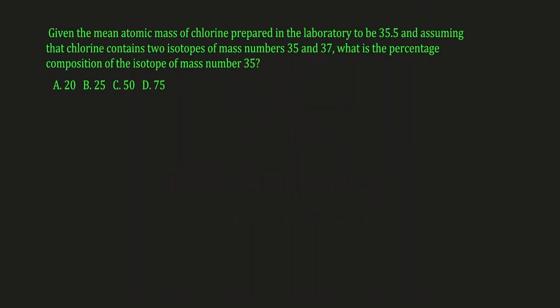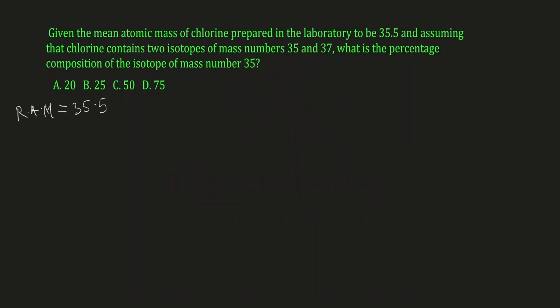Now let's look at this last question to consolidate our knowledge on isotopy. The question says that given the mean atomic mass of chlorine prepared in the laboratory to be 35.5, the mean atomic mass is the same thing as relative atomic mass. So relative atomic mass is equal to 35.5.